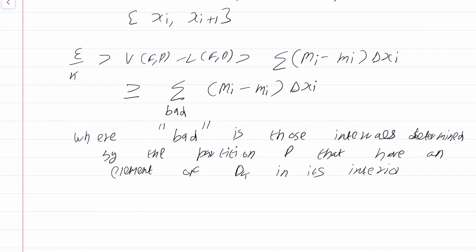So essentially, if you sum up over all these intervals, you will get the entire sum U(f,P) minus L(f,P).